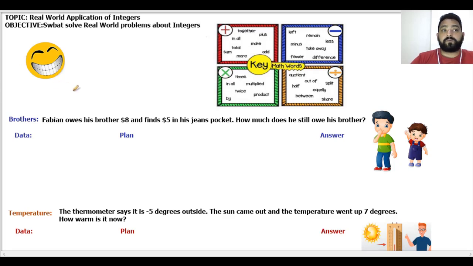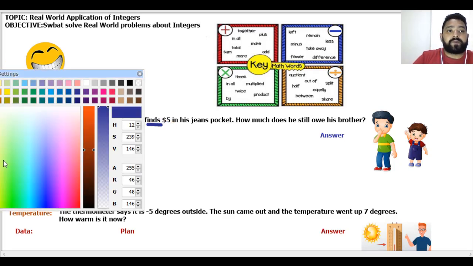We have some information to identify. Sometimes, to understand better, you can underline the words that can help you solve the problem. Here we have some keywords, owes and finds. That means negative and positive.